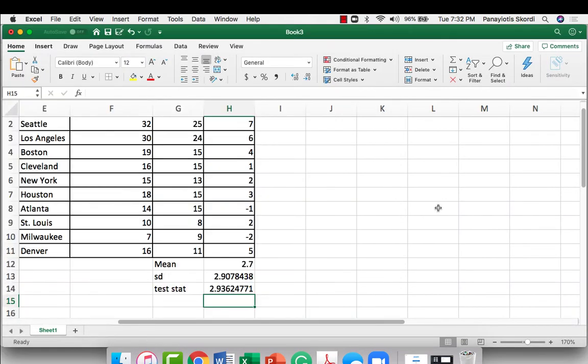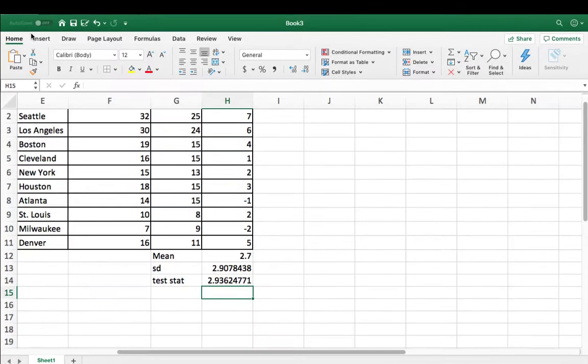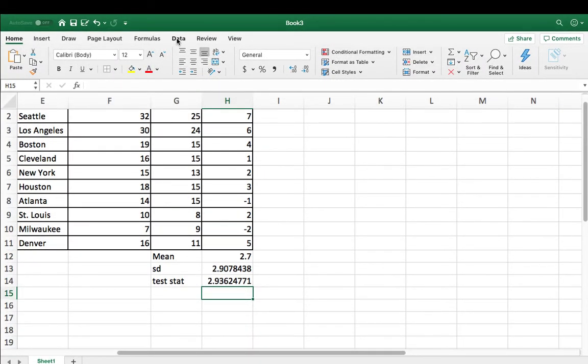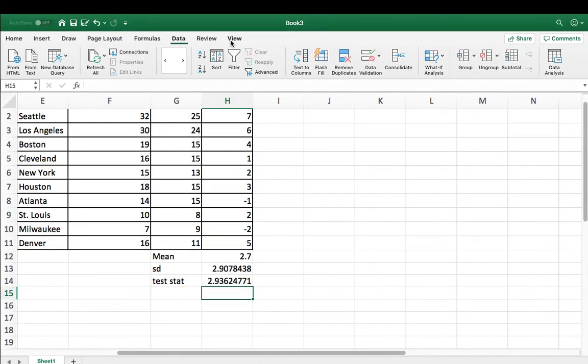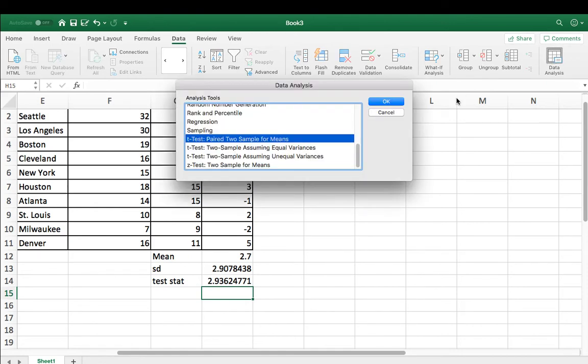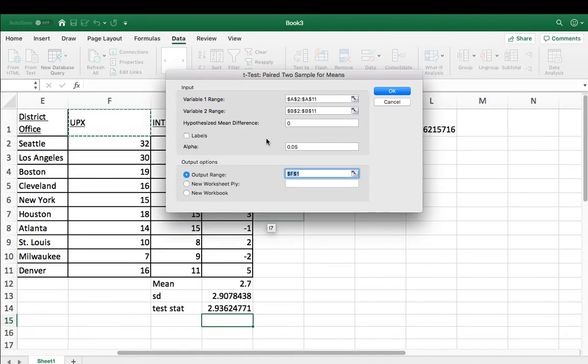So coming into Excel again, Excel has another function, and we're going to find it if we go into Data first of all, and then move over to Data Analysis over here. If we scroll all the way down and count 1, 2, 3, 4 up, there's a t-test: paired two samples for means, which is exactly the matched samples or matched pairs test. So let's have a look at what that gives us.